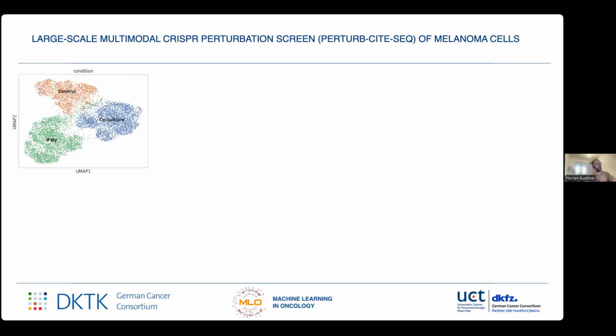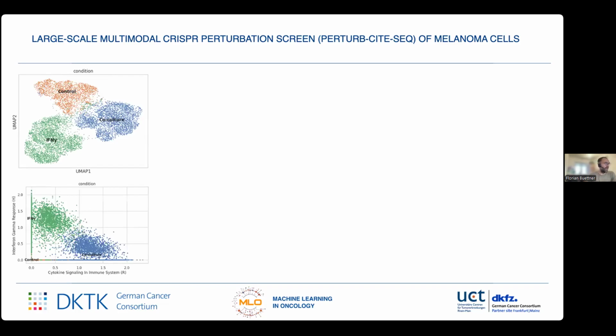So we hope that the cells would cluster in a global UMAP representation according to condition, which they do. We'd like to make sure that the individual factors or pathways they identify make sense, which they do. So here, interferon gamma stimulated cells have a very high activity in the interferon gamma response axis, and co-cultured cells have a very high cytokine signaling activity, which also makes sense.